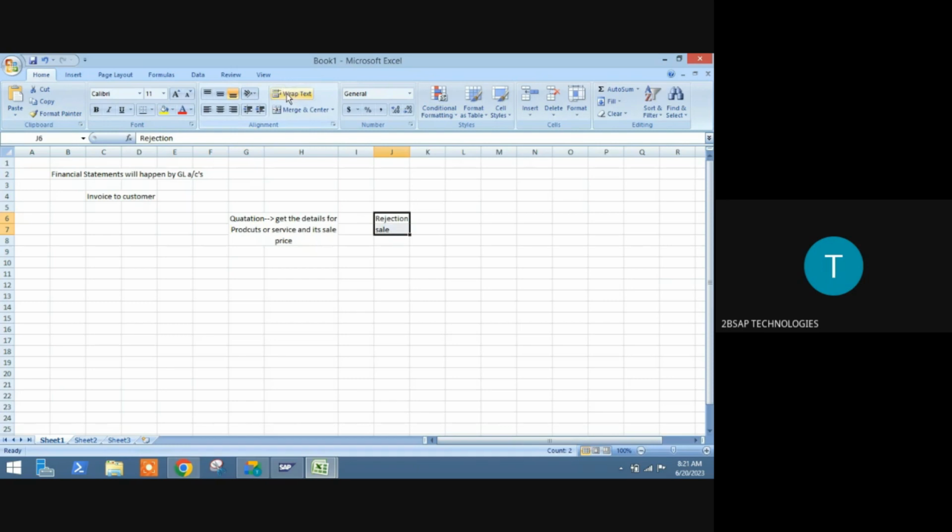These are the only two options you will have. Either your quotation might be rejected or the sale will happen with the respective shop. Correct, sir?